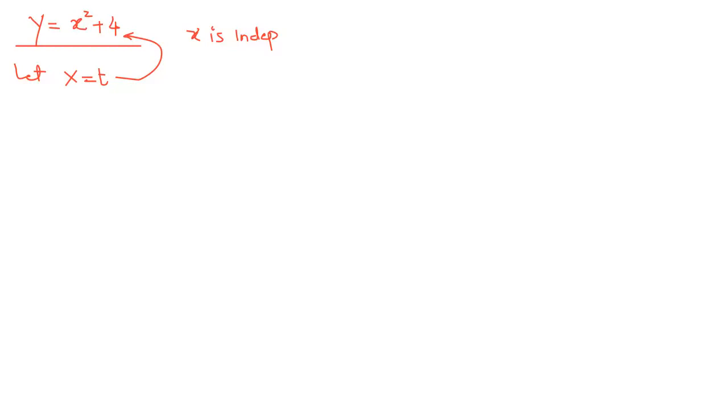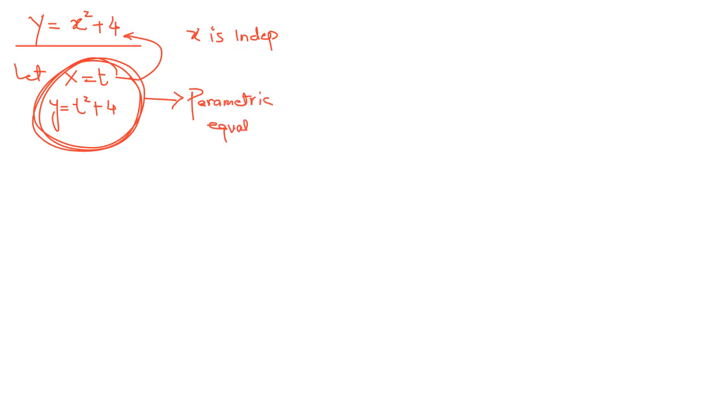I substitute this value here, then y becomes t square plus 4. So x and y are the two equations which are called parametric equations. Understand? Whatever is the independent variable, you just have to choose that equal to t. The other thing will be changed automatically.